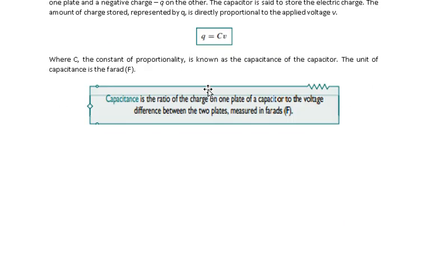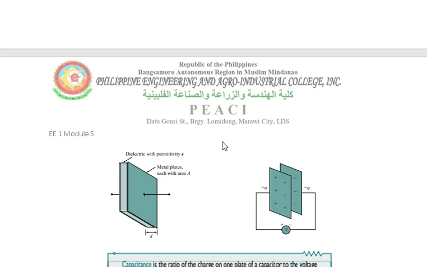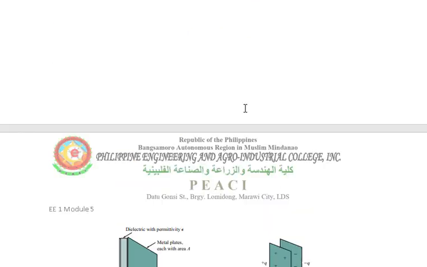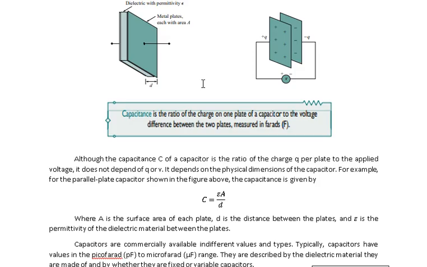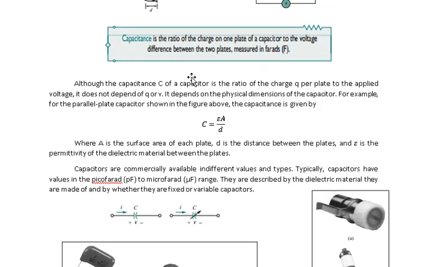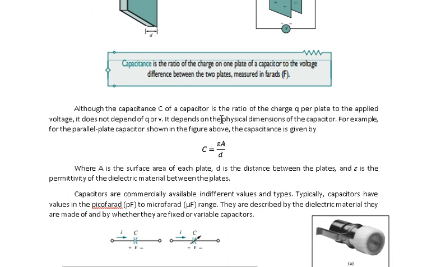Capacitance is the ratio of charge on the plate of the capacitor to the voltage difference between the two plates, measured in farad. So this would be the equation, the general equation. The capacitance in terms of the electric constant, the area of the plate and its distance is given by these equations.